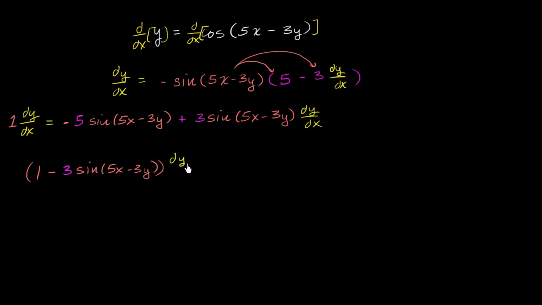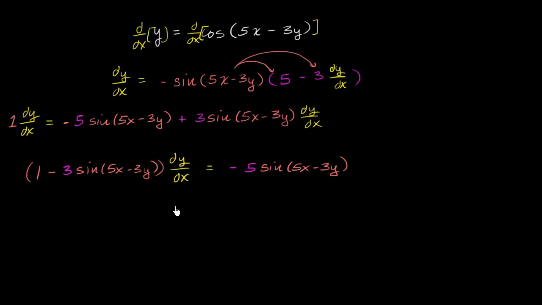On the left-hand side is going to be equal to, well, we subtracted this from both sides. So on the right-hand side, this is going to go away. So we're just going to be left with a negative 5 sine of 5x minus 3y. And we're in the home stretch now. To solve for dy/dx, we just have to divide both sides of the equation by this.